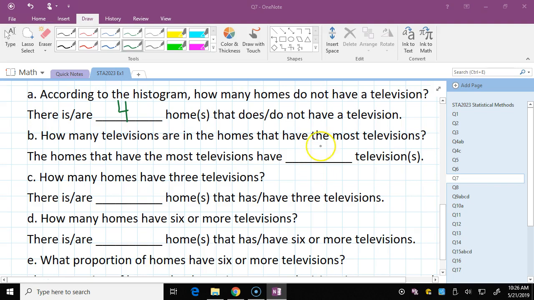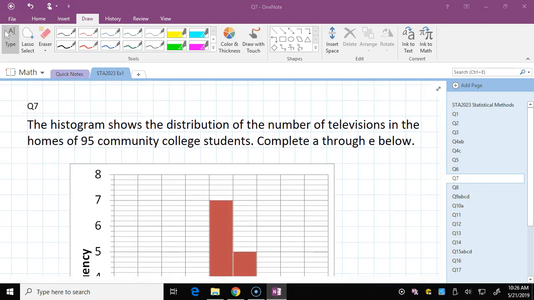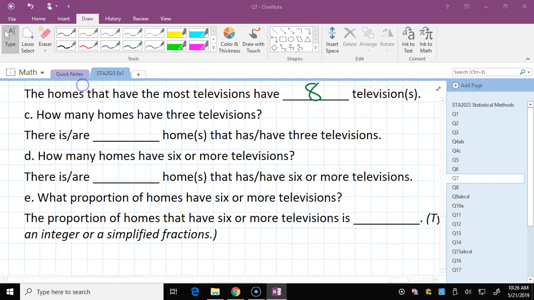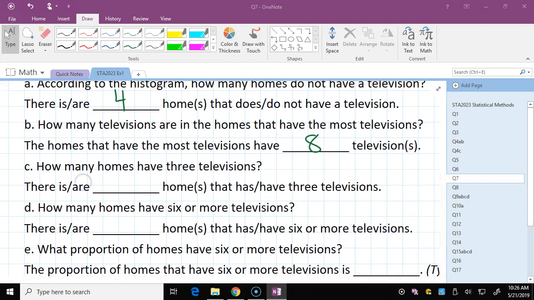When I first read this one, I thought it was talking about the mode. Because when I read this, it says, how many televisions are in homes that have the most televisions? So when I read that, I'm thinking, most televisions, who has the most? This is actually talking about the number of televisions. Who has the most?